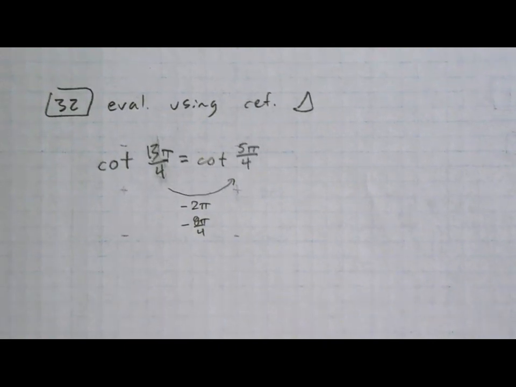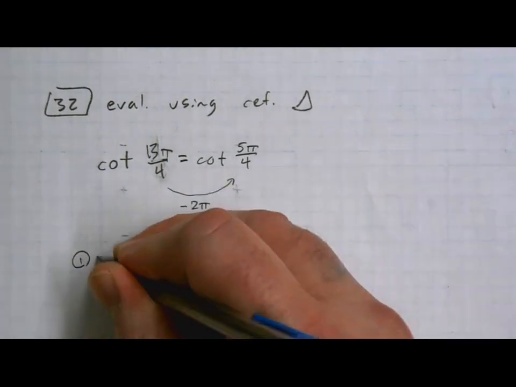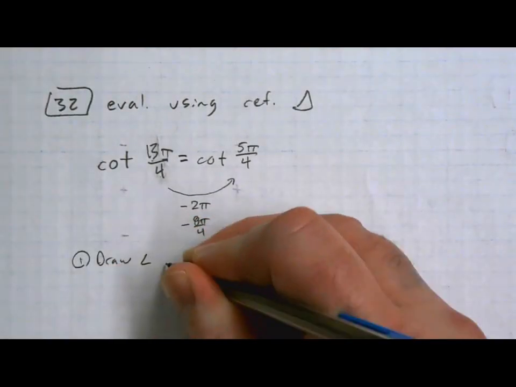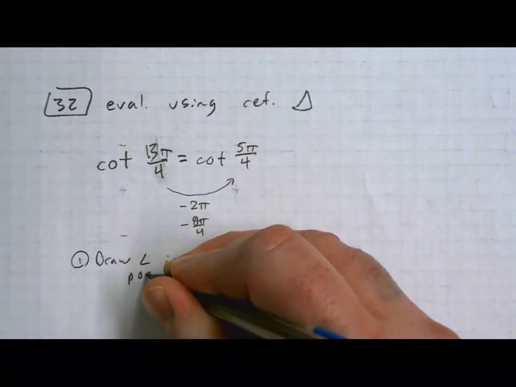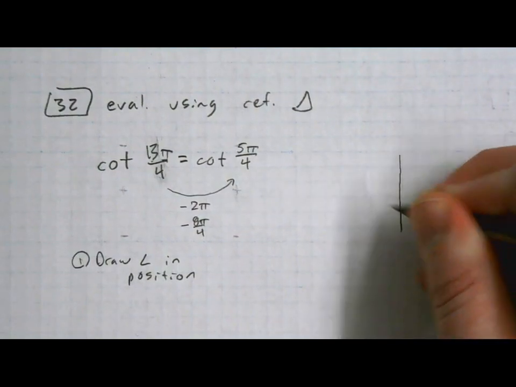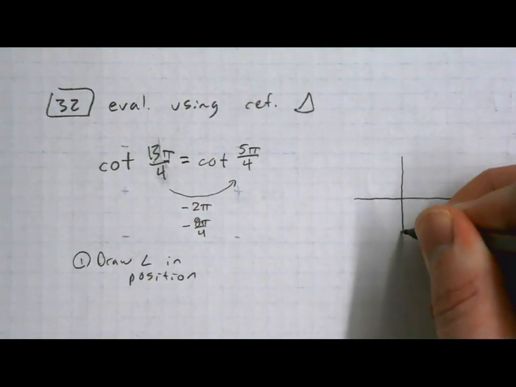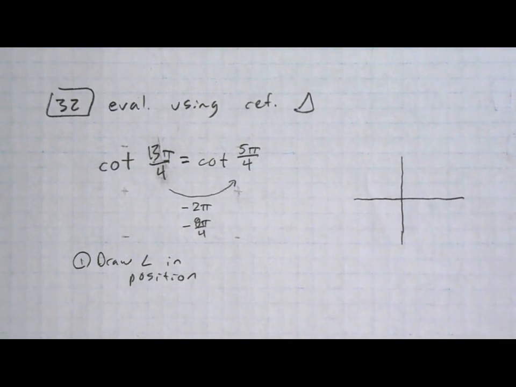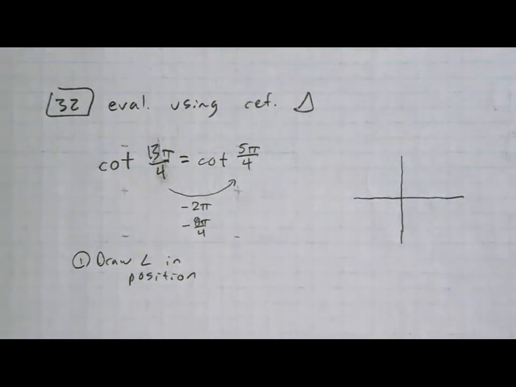All right, so I'm going to walk you through step by step here. Step 1, draw your angle in position. You guys are going to be drawing so many XY axes and reference triangles in these next couple sections. Just get used to it. It's all right. 5 pi over 4, where is that?